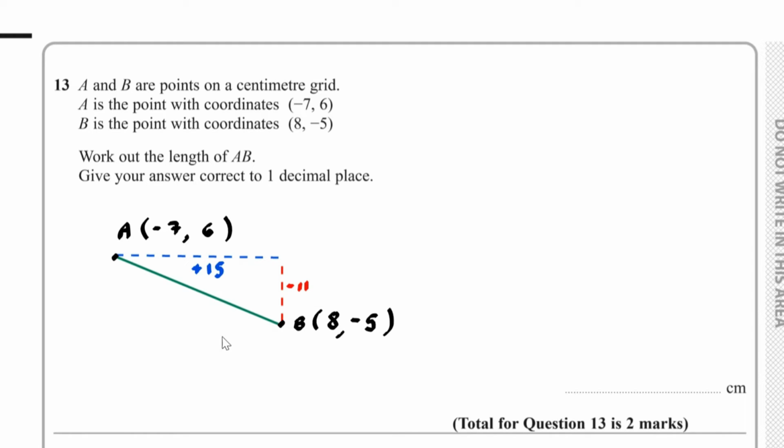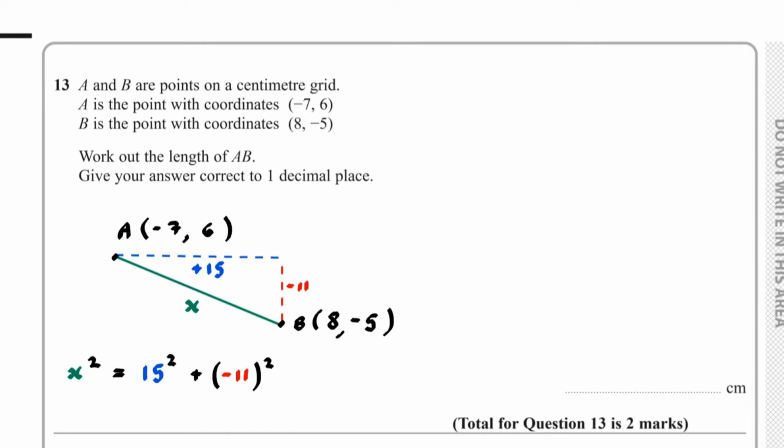So, when we come to work out the length AB, which we will call x, we can use Pythagoras. x squared is equal to 15 squared plus the 11 squared.